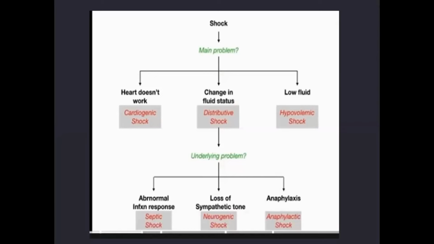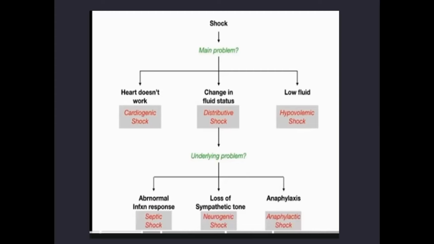Then talk about three different things: option one is the heart which doesn't work, like in cardiogenic shock; the second option is a change in fluid status; and the third one is a low fluid level.